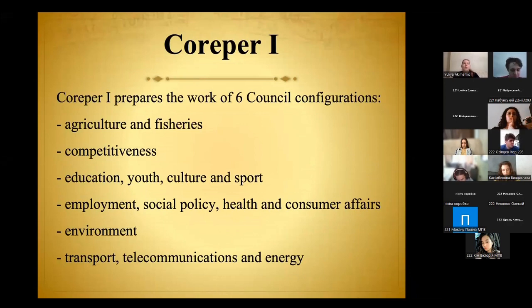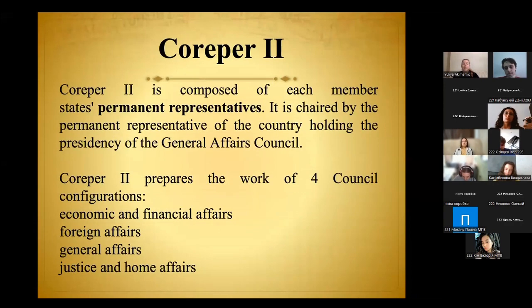So there is also a division between COREPER 1 and COREPER 2 on what kind of topic they are preparing for the council meeting. And COREPER 2 is responsible for economic issues, foreign affairs, general affairs, justice, and home affairs. So there is not only division between COREPER 1 and COREPER 2 on the level of the persons who represent their country, but also the topics that they are working with.